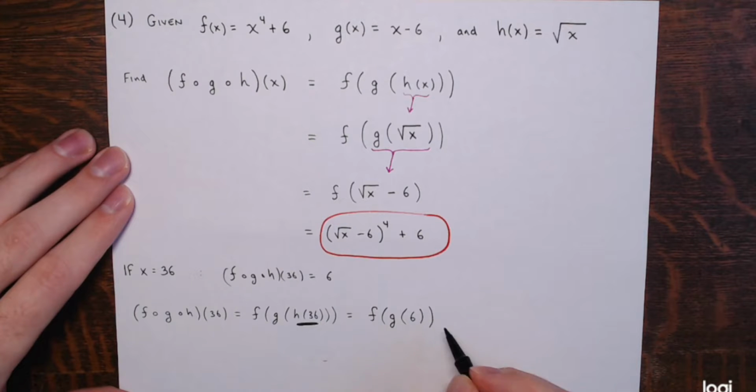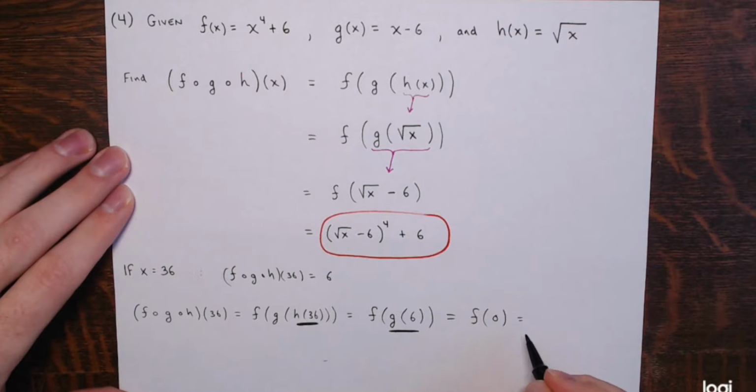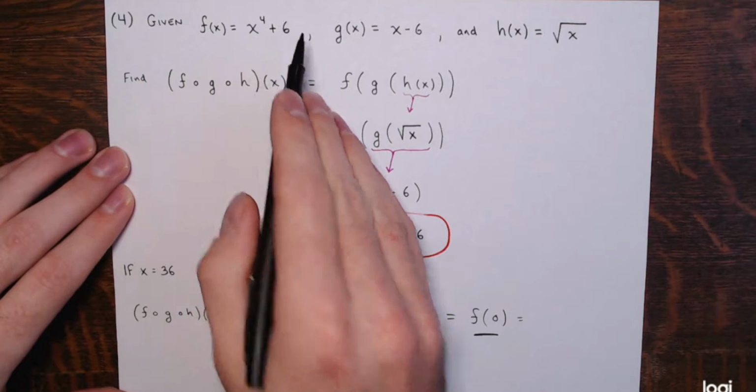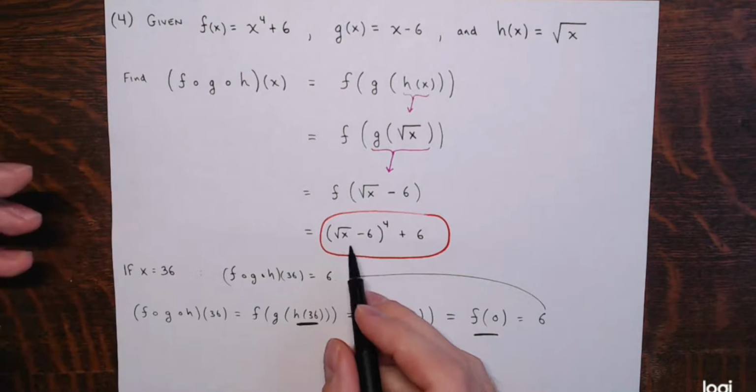And then I find g of 6. So this would be f of g of 6. Well, g of 6 would be 6 minus 6, that'd be 0. And then what's f of 0? f of 0 would be 0 to the 4th is 0, plus 6 is 6. And that's exactly what I told you it would be up here using our rule.